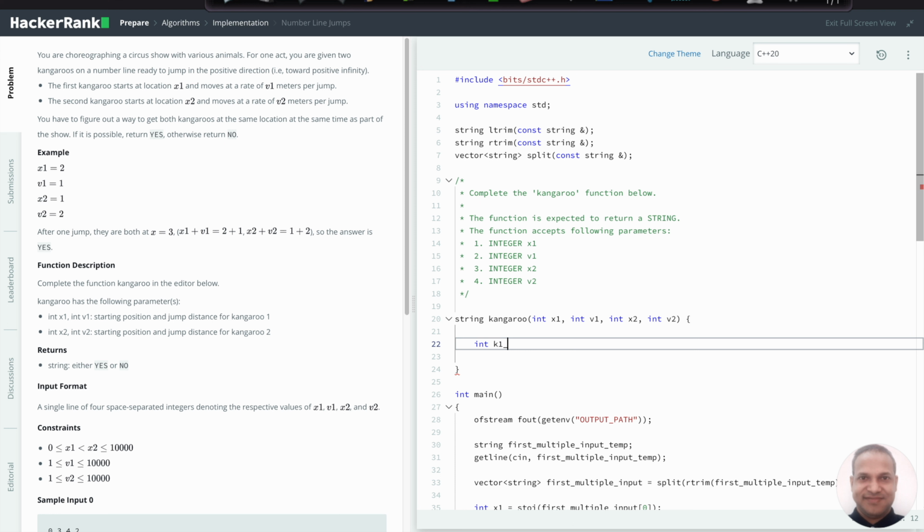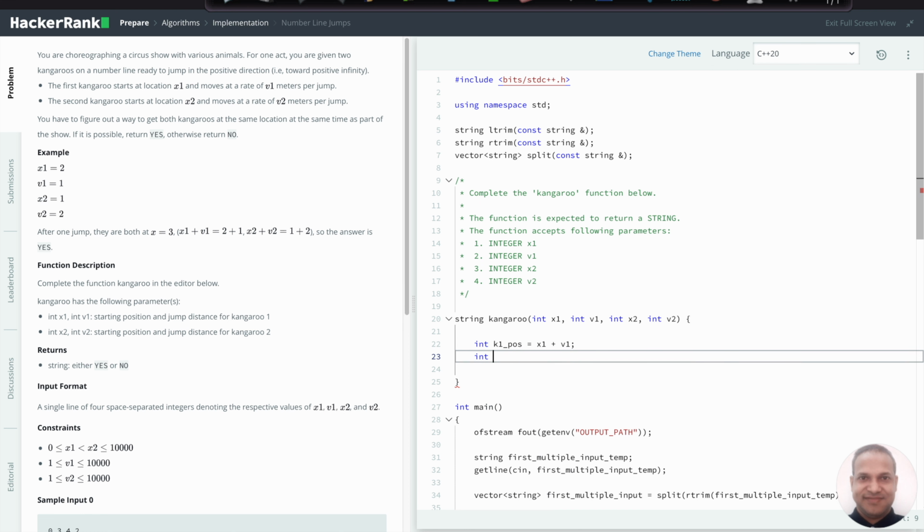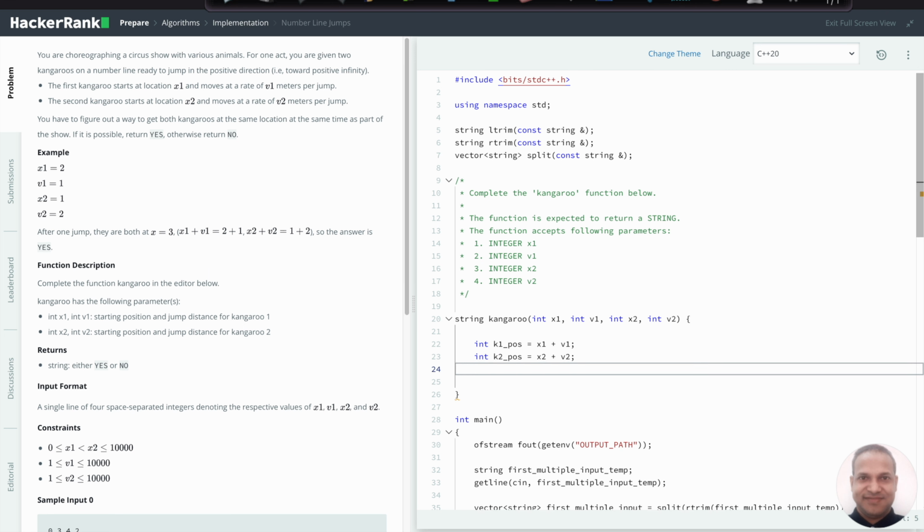Kangaroo 1 position equals x1, the initial position, plus the jump of v1 length, so it will become x1 plus v1. Similarly, kangaroo 2 position equals x2 plus v2. So these are the positions in the first jump.